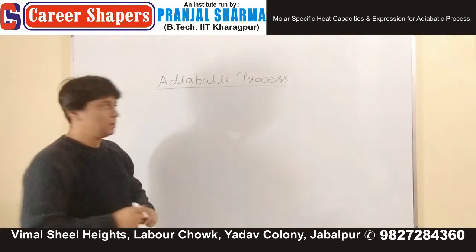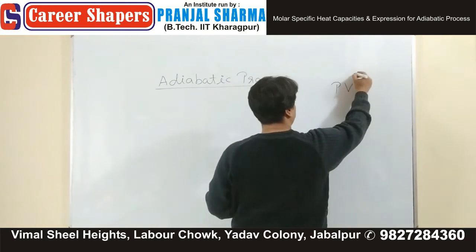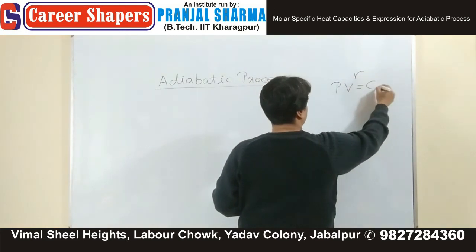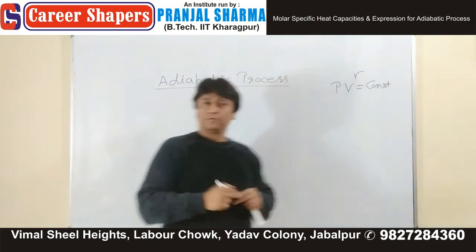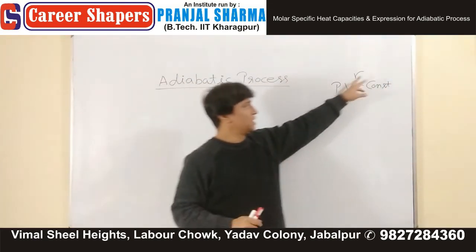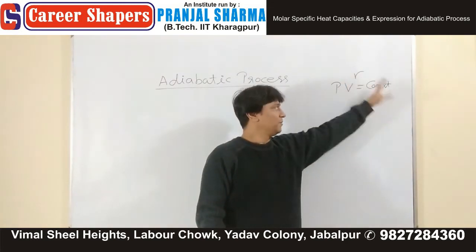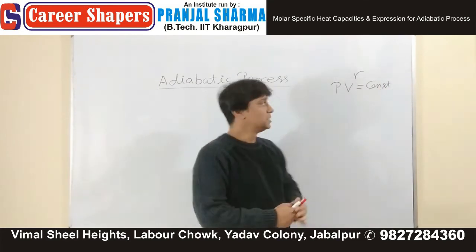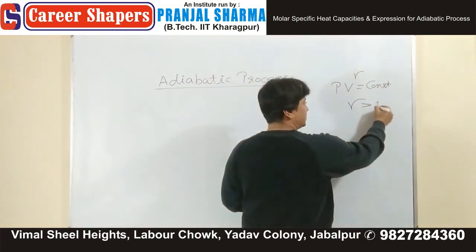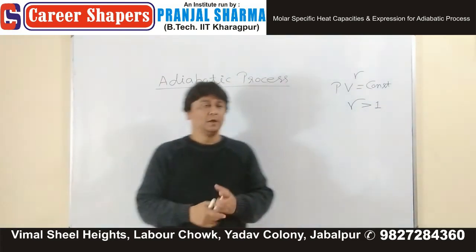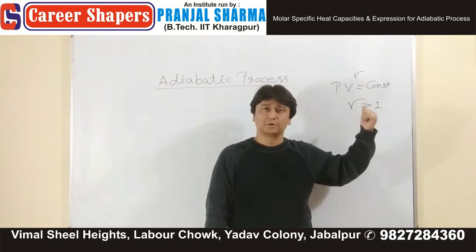Now, if you remember, I told you that the relation between pressure and volume for an adiabatic process is PV gamma equals constant. I gave you a brief idea of the adiabatic process, and there I also told you that this gamma is greater than 1. Now, we are going to develop this formula using thermodynamics.